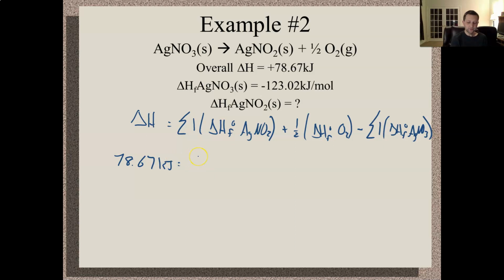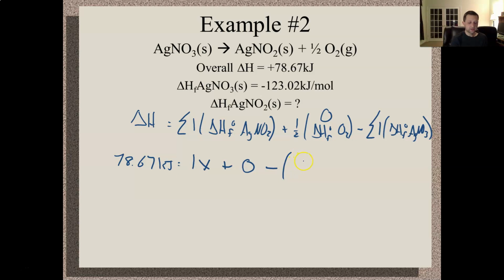is equal to the sum of 1 times the heat of formation of silver nitrite, which we don't know. So we have basically 1x plus the heat of formation of oxygen, which is 0. Remember? So 0 times 1/2 is 0, minus the heat of formation of silver nitrate, which is given to you, times 1.